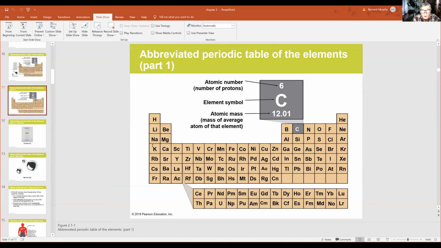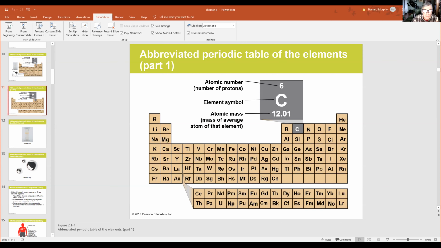So here's the thing. The elements in column 1 all have 1 electron, and they're dying to get rid of it, just like hydrogen. And all the elements in column 7 here, they all have 7 valence electrons, and they're dying for 1 more.